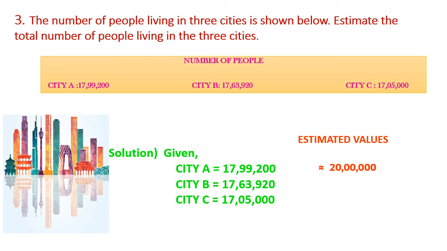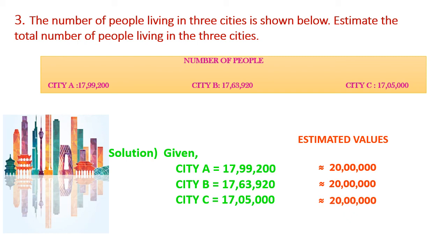City B, which is 17,63,920, when we round this to the nearest 10 lakh, again we have an estimated value of 20 lakh. In city C, the population is 17 lakh 5,000. If we estimate it to its nearest 10 lakh, the answer we get is 20 lakh.